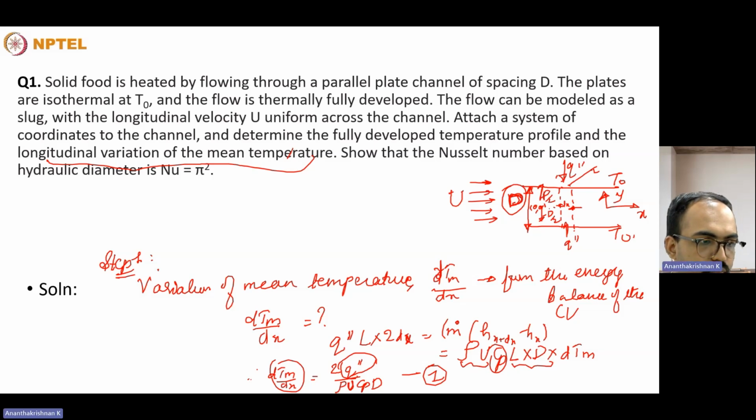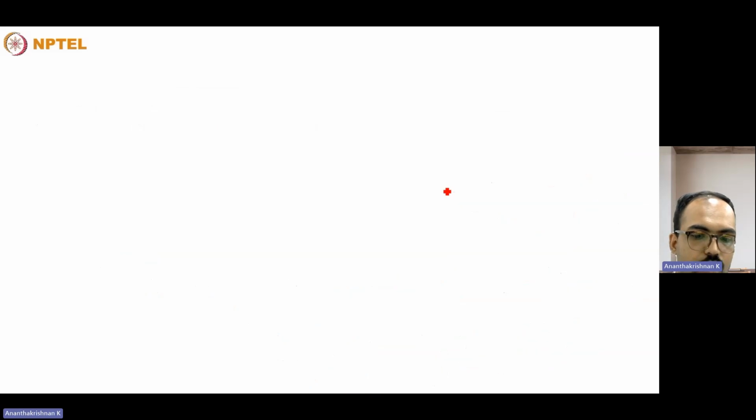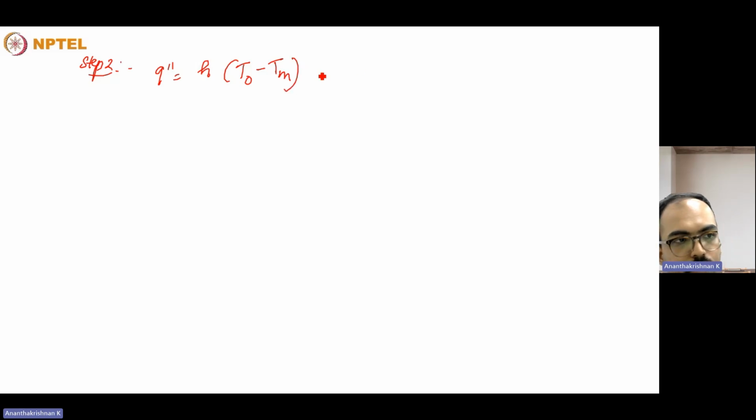So in step 2, we can try to write the heat flux as the heat transfer coefficient times the isothermal wall temperature minus the bulk temperature. So this is equal to k dou T by dou y at y equal to D by 2.